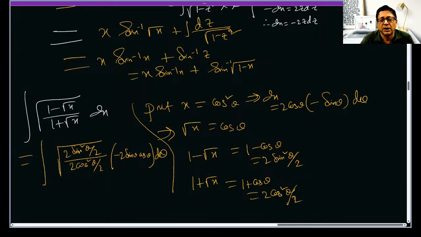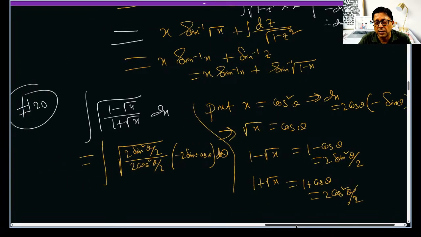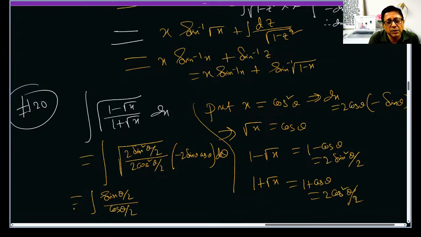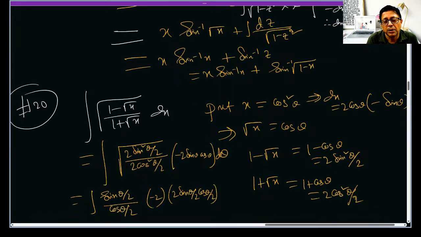Clear? Understood? So now we go on simplifying. This will be sin theta by 2 over cos theta by 2, and this minus 2 into this sin theta, you write 2 sin theta by 2 cos theta by 2 multiplied by what?